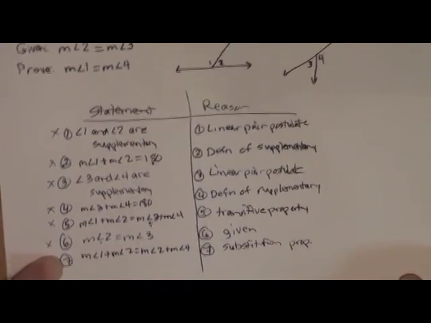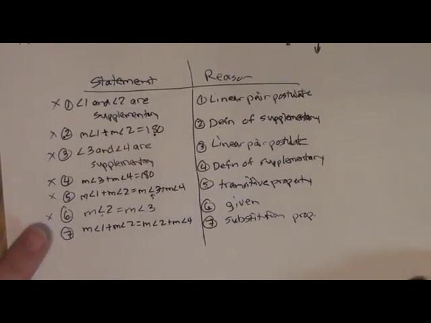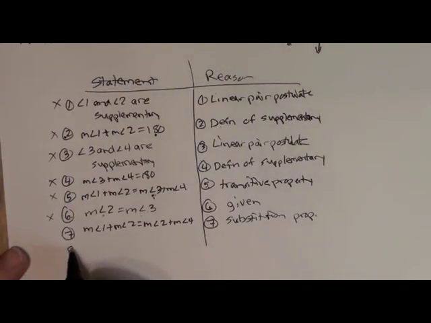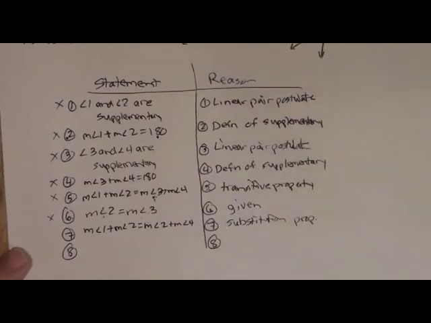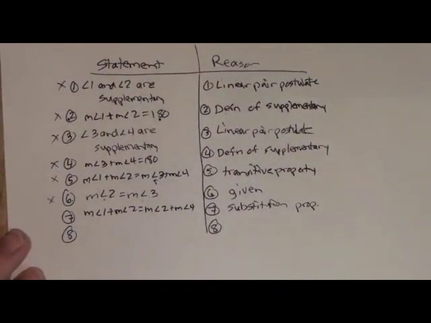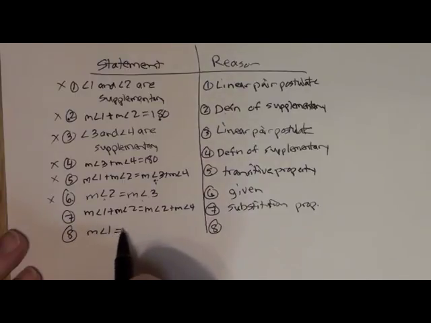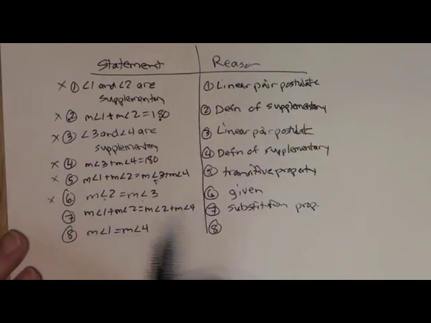All right, now this should look fairly familiar because we saw this earlier in a proof. Measure of angle 1 plus measure of angle 2 equals measure of angle 2 plus measure of angle 4. Both the left side and the right side of the equal sign have a measure of angle 2. And when both sides have a measure of angle 2, you can subtract it from both the left and the right side, which leaves you with the measure of angle 1 equals the measure of angle 4.